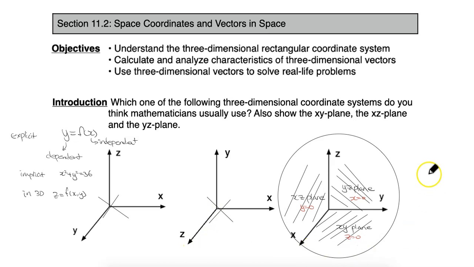However, it does make sense to pick the 3rd one because when we have functions in 3 dimensions, it's going to be f of x and y, so we want it to be z equals f of x and y, and therefore we want the height to be the output. That's the way that it makes most sense. This is why it's similar to 2 dimensions. The output is how high the function is.